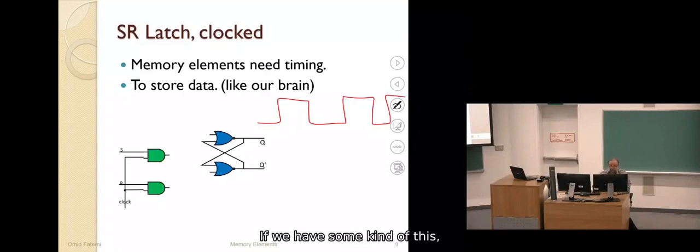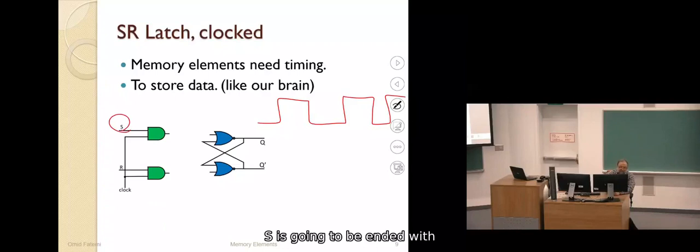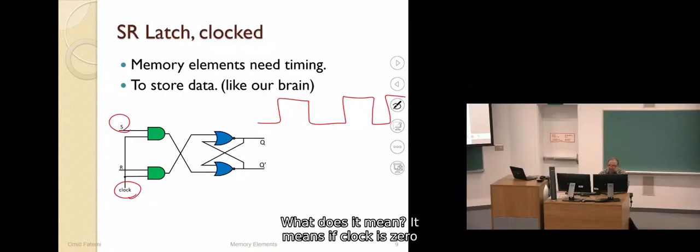So S is going to be ANDed with clock, and R also will be ANDed with clock. If we put S and R like this, then we have a clocked SR latch. What does it mean?